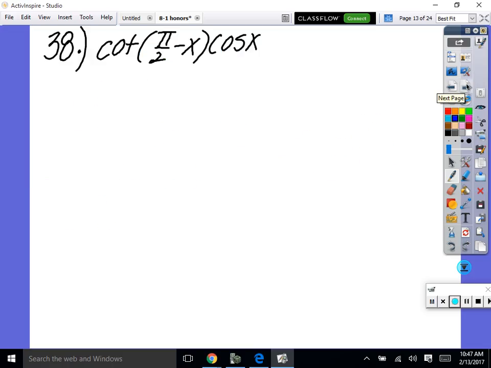Okay, let's go for this one. Couple more examples. 38. So we're trying to make this a prettier answer. What's the same thing as cotangent of pi halves minus x? Is it? Yes. Tangent of x. Look at your trig identities. So that's tangent of x times cosine of x. So now your goal is to make it prettier.